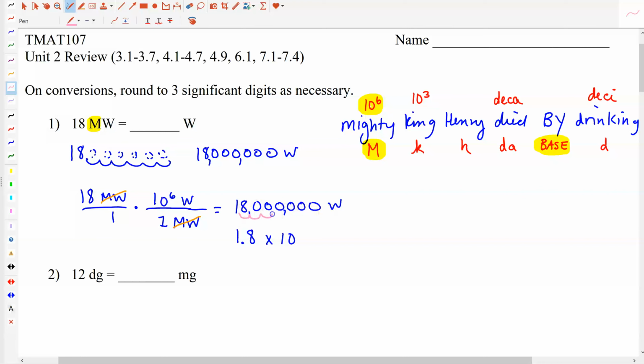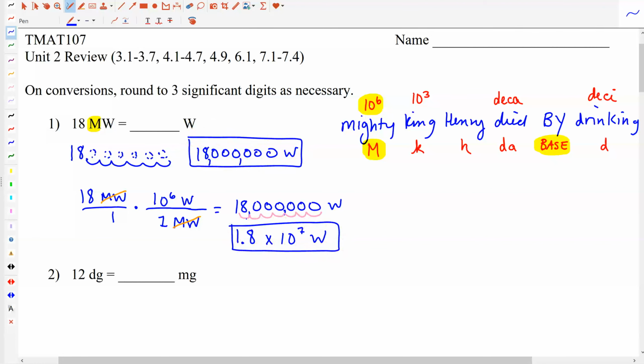So 1, 2, 3, 4, 5, 6, 7 jumps to get to the end. That's the exponent on my power of 10. Because I'm making a big number where I'm jumping right, that exponent will be positive. So your final answer, you could either write 18 million watts or 1.8 times 10 to the 7 watts.